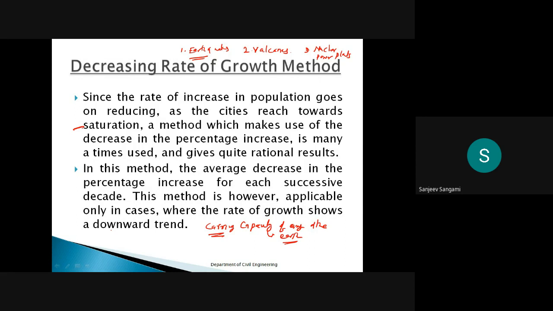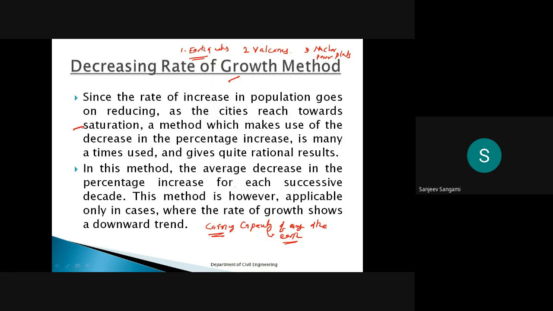In that case, normally we use the decreasing rate of growth method. Very rarely we use this method. In this method, the average decrease in the percentage increase for each of the successive decades, that is, successive decades in the population, can be calculated.